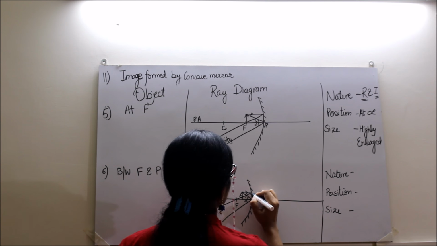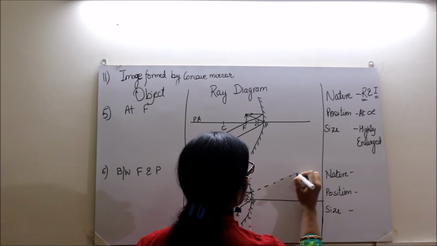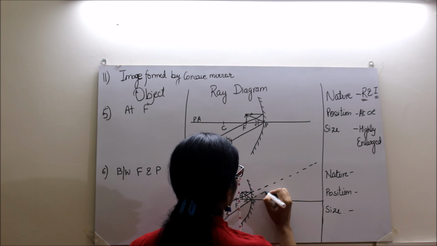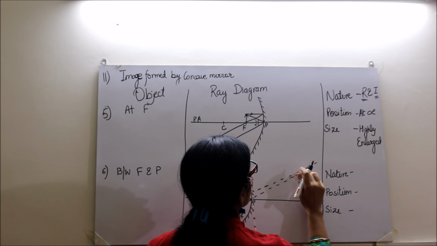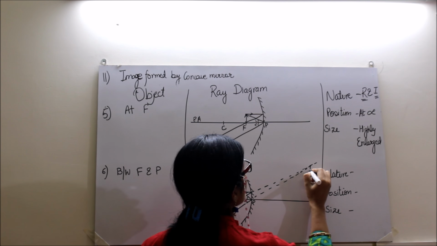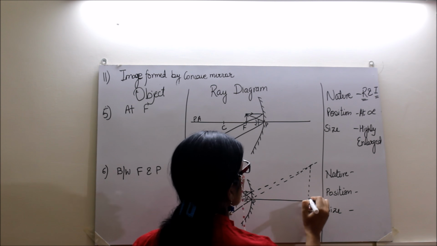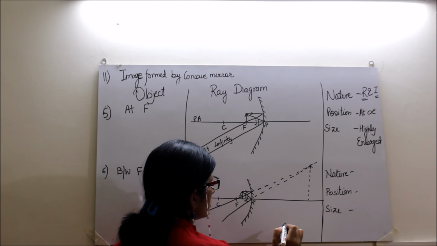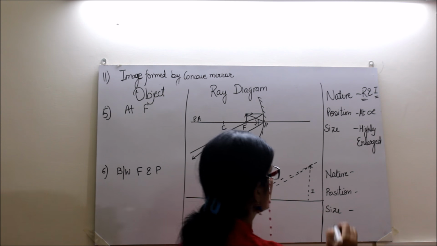Therefore, extend this ray towards the other side of the mirror and extend this ray also to the other side of the mirror, and wherever they meet, your image will be drawn there. This is your image and it is drawn dotted because it is a virtual image.